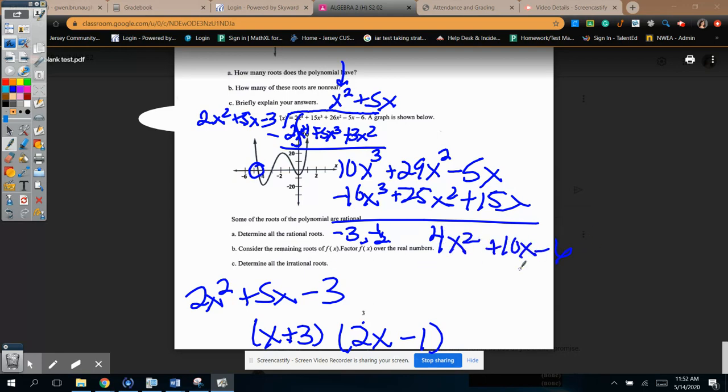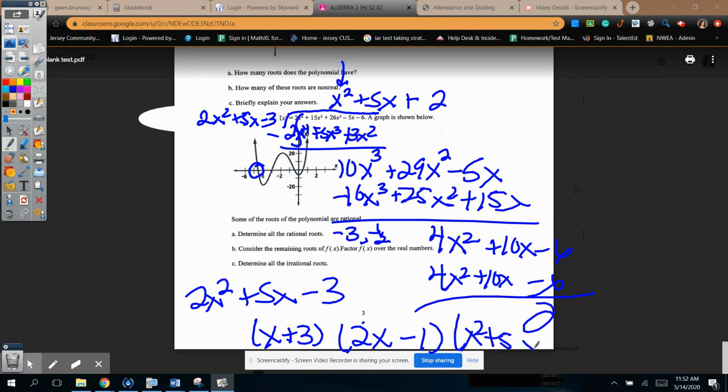This should work out nicely, and it will. It has to work out nicely because it is a factor. 2x squared goes into 4x squared 2 times. Almost done. 4x squared plus 10x minus 6. Change the signs, remainder 0. So then the last factor is x squared plus 5x plus 2.